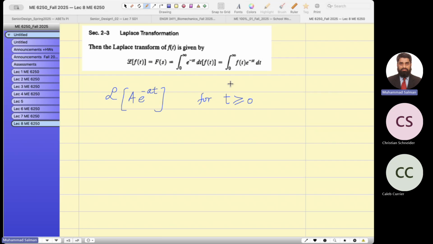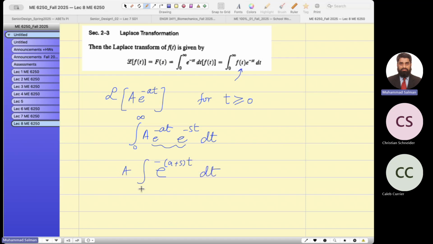So you will apply this formula: 0 to infinity a e to the negative at e to the negative st dt. So if I combine these two exponents, I can write down a plus s times t dt.